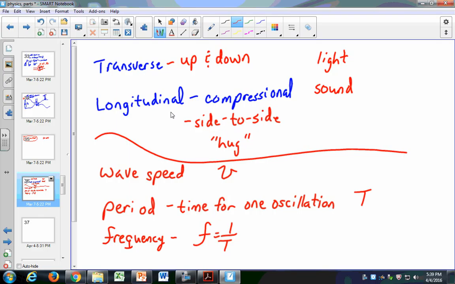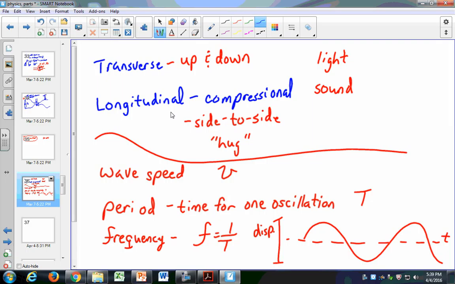If we were to look at a wave, say a transverse wave like this, if we're looking along the x-axis, we're looking at time, and along the y-axis, we're looking at displacement. So you'd have your transverse waves going up and down as a function of time. Then my period would be the time for one complete oscillation.